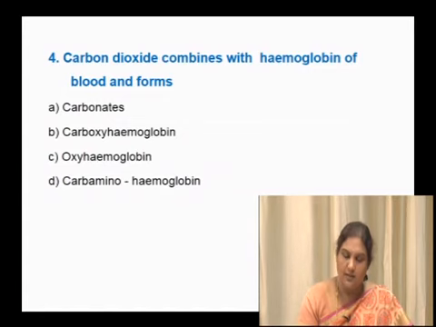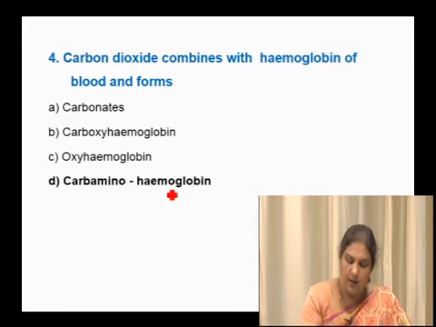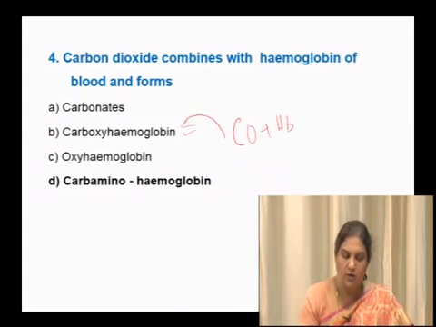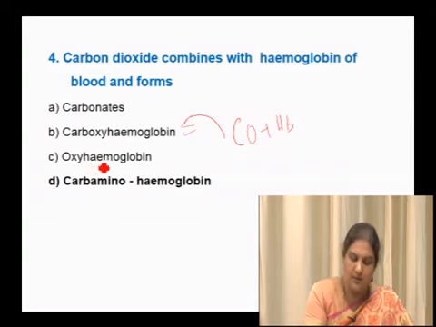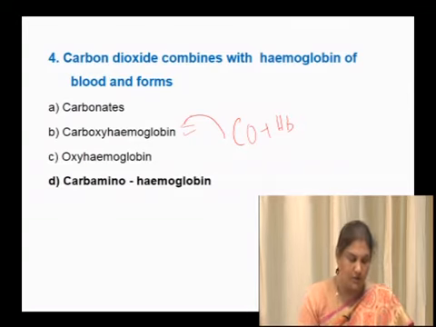Carbon dioxide combines with hemoglobin of blood and forms carbaminohemoglobin. What about this? Carboxyhemoglobin. When carbon monoxide combines with hemoglobin, it results in the formation of carboxyhemoglobin. This is when hemoglobin combines with oxygen.